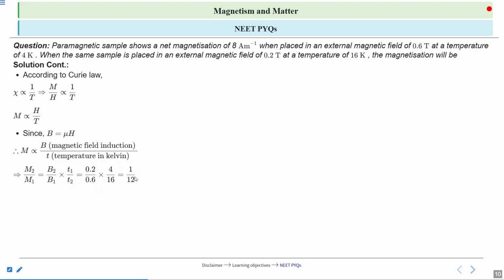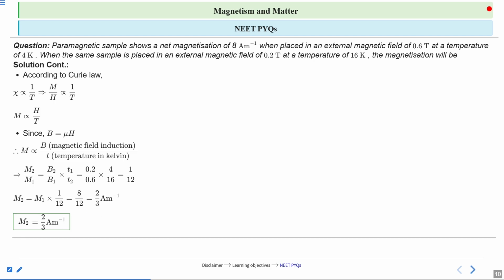After solving this, it results in 1 by 12. So M2 is equal to M1 into 1 by 12. M1 given is 8 ampere per meter, so 8 by 12, which is equal to 2 by 3 ampere per meter. So M2 is equal to 2 by 3 ampere per meter.